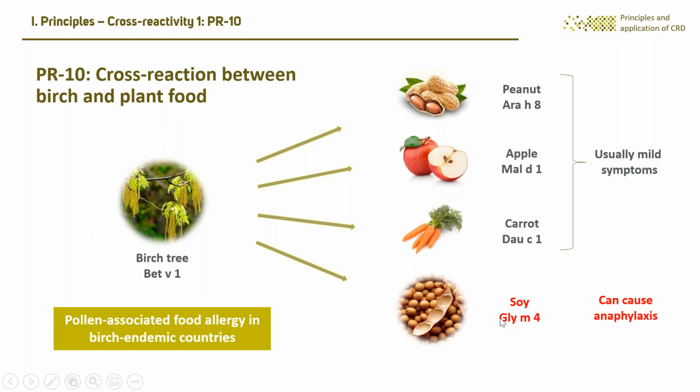Others, like PR10 from soy, Gly m 4, sometimes can cause severe symptoms. The reason for this is thought to be higher stability of this protein or other compounds contained in the soybean, which might protect Gly m 4 when it goes through the gastrointestinal tract. This is the so-called matrix effect.